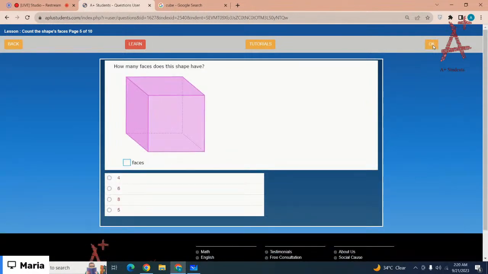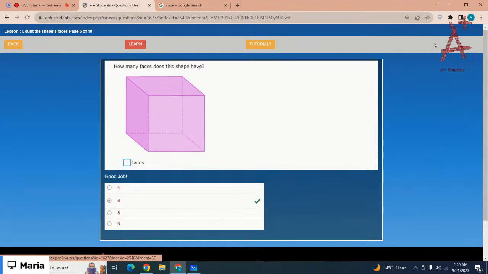How many faces does this shape have? Which is the correct option? The correct option is, the shape is a cube. Very good. And the cube has 6 faces. The correct option is 6.